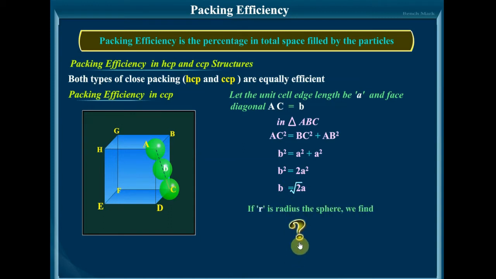If R is the radius of the sphere, we find that B is equal to 4 times R. From here, when you count 1, 2, 3, 4, it is 4 times R. So B is equal to 4R, and B is also equal to root 2 A. So B is equal to 4R is equal to root 2 A, or A is equal to 4R by root 2, or 2 root 2 R. This is very important for doing problems, because in face-centered cubic close packing, the relationship between A and R is A equals 4R by root 2, or A equals 2 root 2 R. It is a very important formula that you have to write down in your notebook.